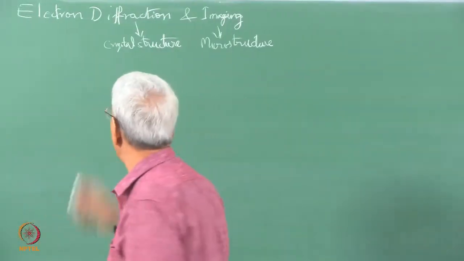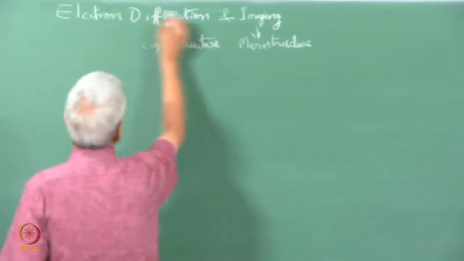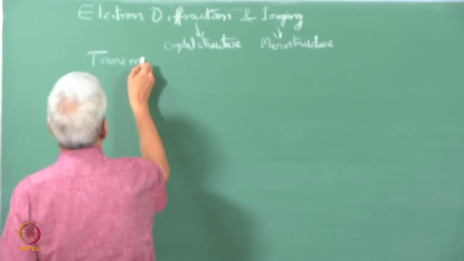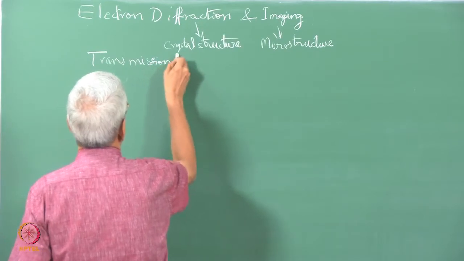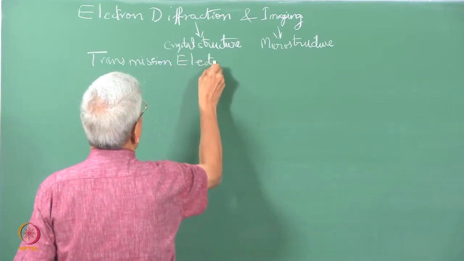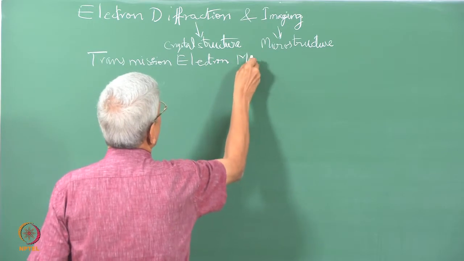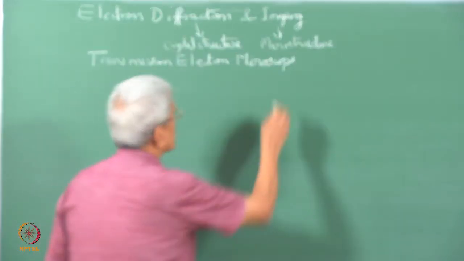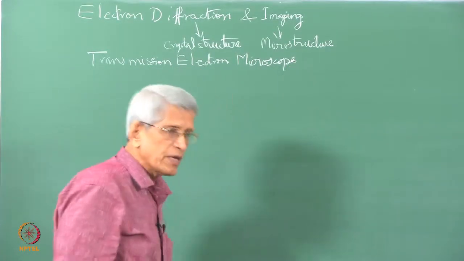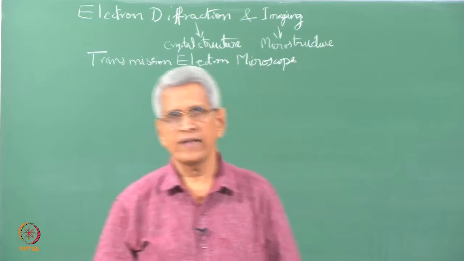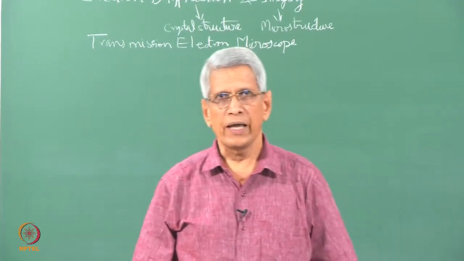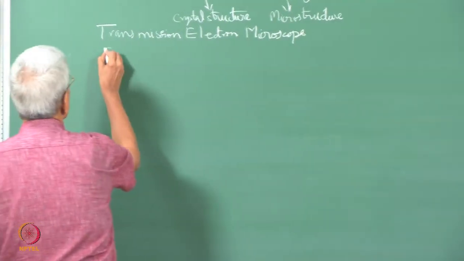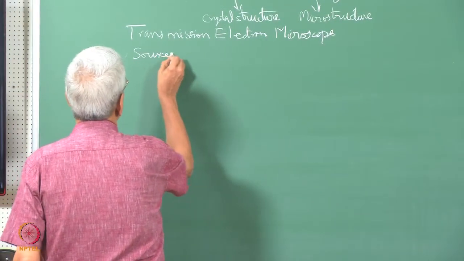So, both these techniques, diffraction and imaging, could be done in the instrument called transmission electron microscope. As we hear the name microscope, we think of optical microscope. Yes, in fact, this is quite similar to an optical microscope, where we have a source of illumination.